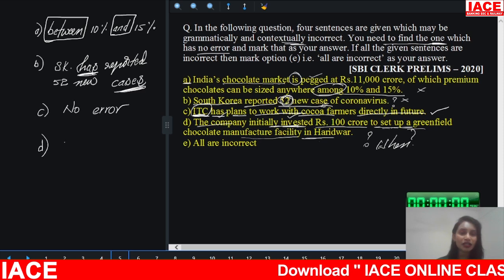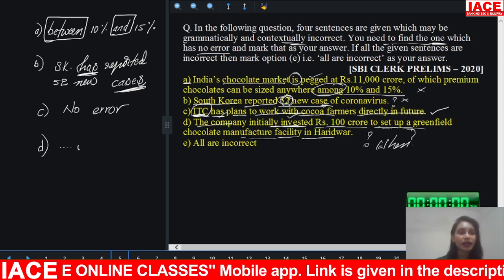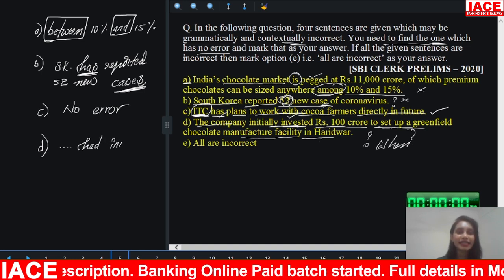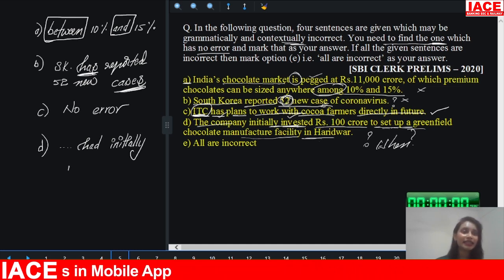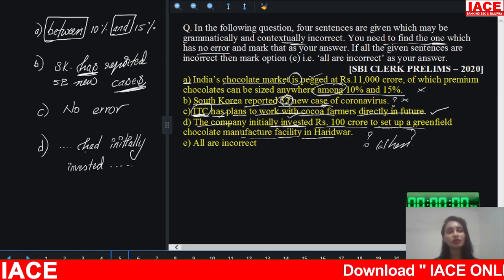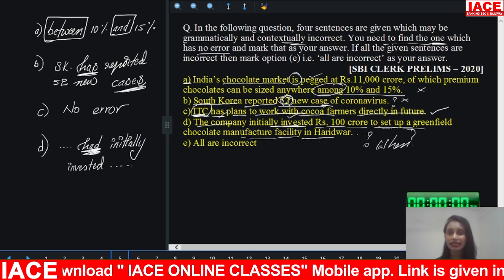So what I do here is, the company had initially invested 100 crore rupees, whatever is that. So here we require had plus V3. So sentence D is also incorrect.